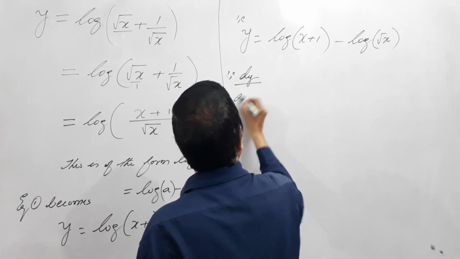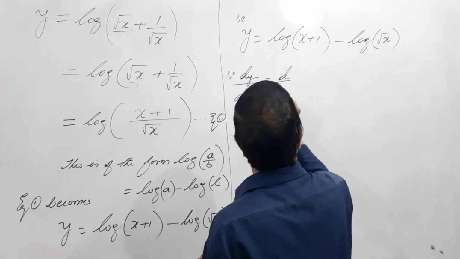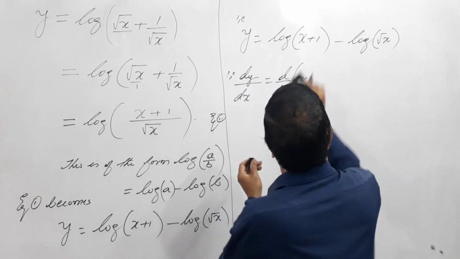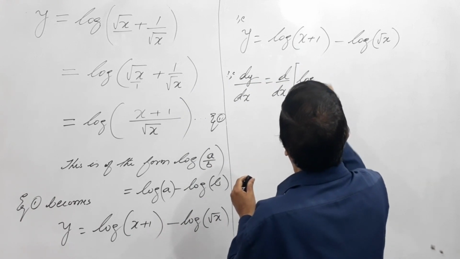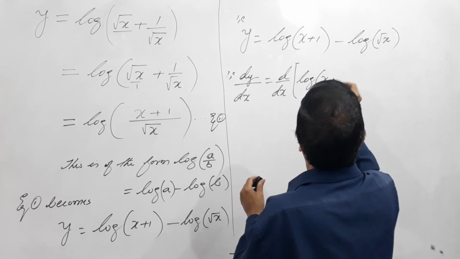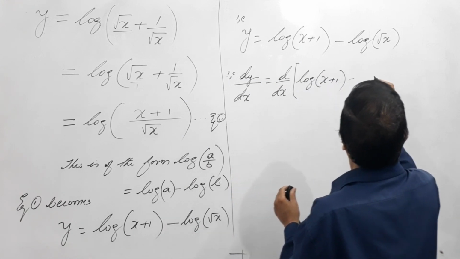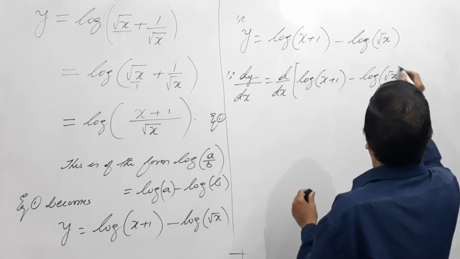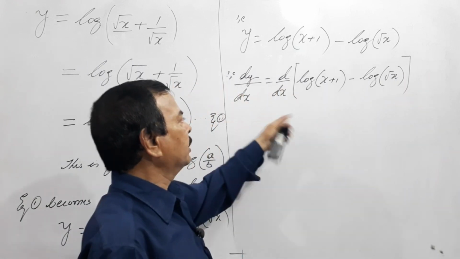Therefore dy by dx equals d by dx of log of x plus 1 minus log of root x. So we are differentiating this.